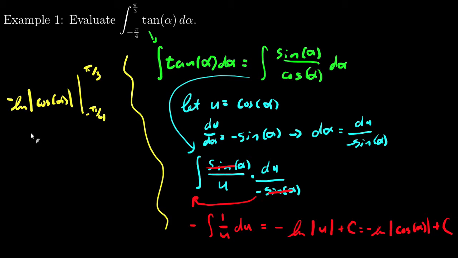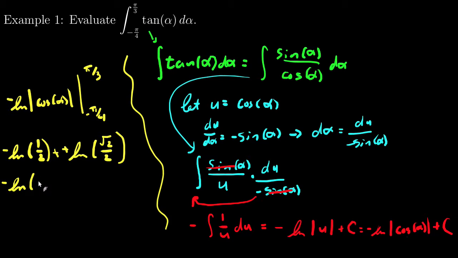The cosine of pi over 3 is 1/2. The cosine of negative pi over 4 is root 2 over 2, so I have minus a negative natural log of root 2 over 2. As a teacher, I guess I'm okay with this. This would be plus at the end of the day here. But it's worth knowing for something like the AP test, they can fix this form a little bit. So this is really negative natural log of 2 to the negative first.